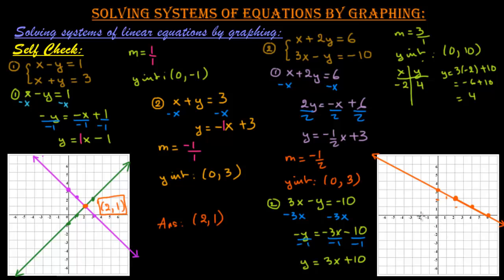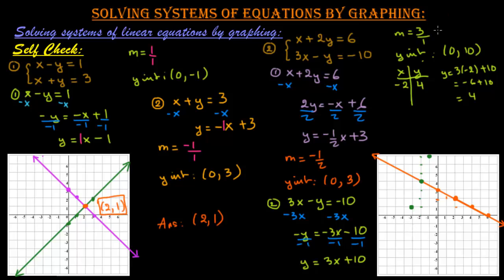So -2 and go up 4, that's my point. Then I can apply rise and run, so go up 3/1, up 3/1. And again, if I go up 3/1, it's out of my graph. So how about I go down 3 and left 1, 1, 2, 3. Going down 3 and left 1 still gives me a point on the line.